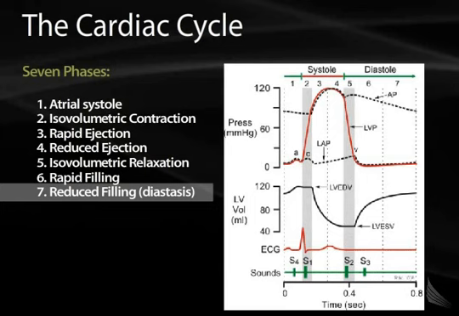The left ventricular end-diastolic volume, or LV-EDV, is seen at the top of the graph, and the LV-ESV, left ventricular end-systolic pressure, is at the bottom. During diastole, the left ventricular volume increases. Then at the bottom of the chart you can see an electrocardiogram and the heart sounds, and we will talk about these.